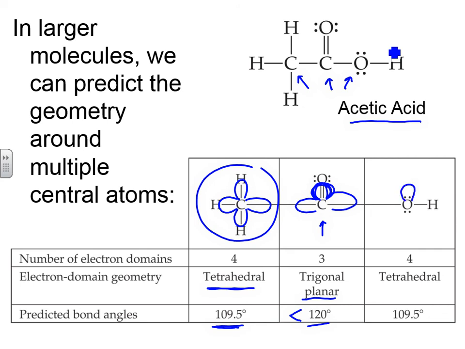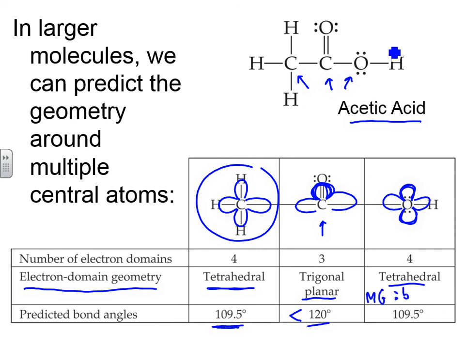Recognize that whenever you want to talk about bond angles, you have to do it in terms of electron domains. You look at electron domain geometry, not molecular geometry, because electron domain still considers these electrons, and that's why we look at it. So it's tetrahedral in terms of electron domain geometry. The molecular geometry here would be bent, just like with water.